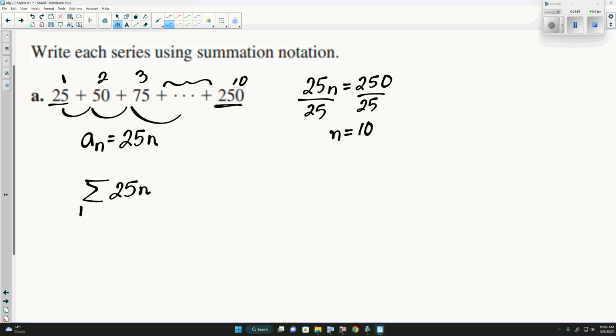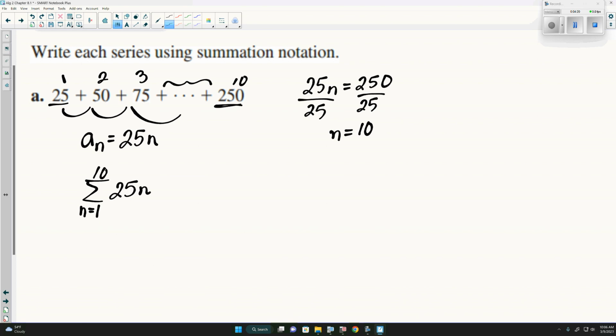And on the bottom, instead of using i, we say n equals 1. That's our starting point. Now, some summation notation will start at 0. We could start at 0. We could start at 1. It just depends on where we want to start. And here we're going to 10.